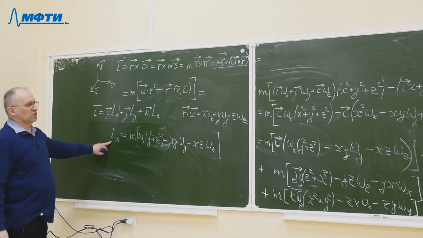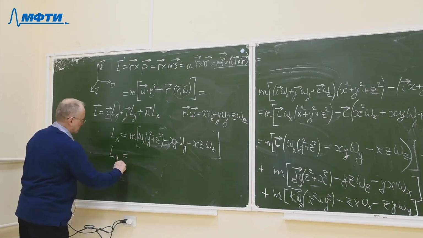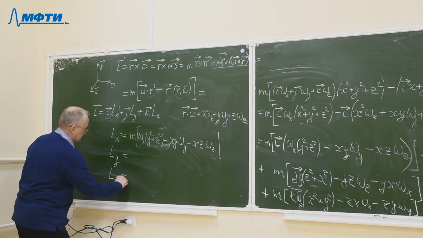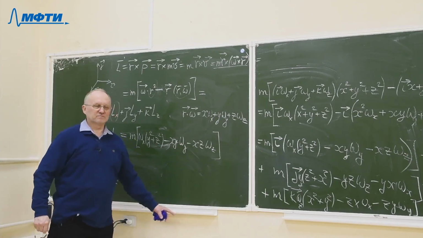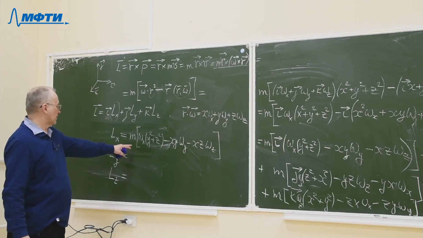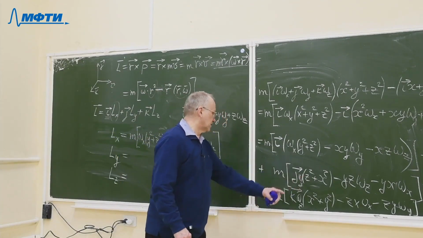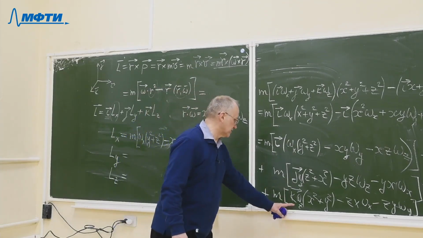That is the x component. In the same way, I can write down the y component and z component of this vector, using this formula. Y component is the coefficient at j vector, and z component will be the coefficient at k vector.